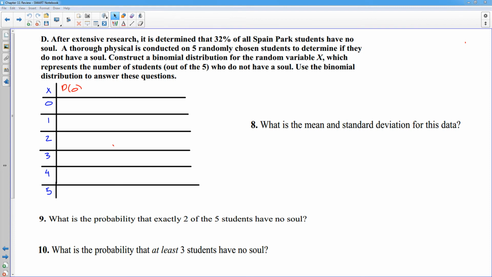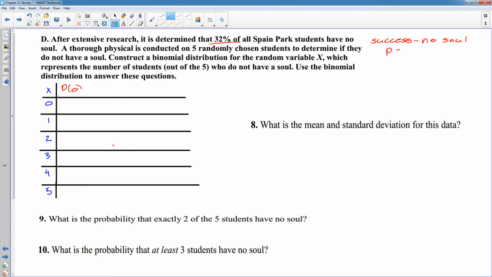Alright, so in these situations, what you need to do is determine what is considered success, what is considered failure, and to identify the percent chance of each of those. In this case, success, and I know this sounds weird, but success is not having a soul. Whatever percentage I give you, that's going to be your probability, your success category.